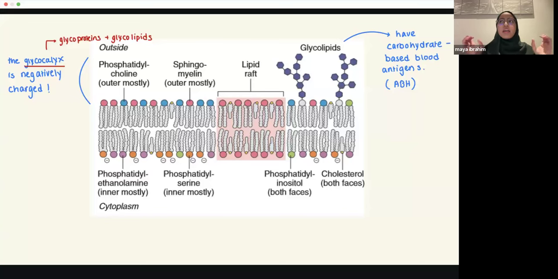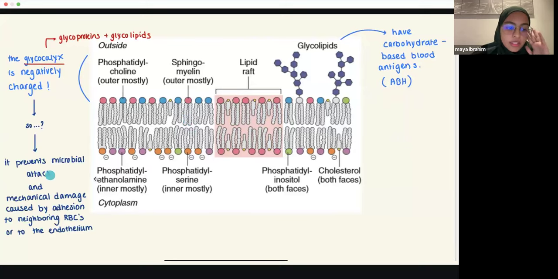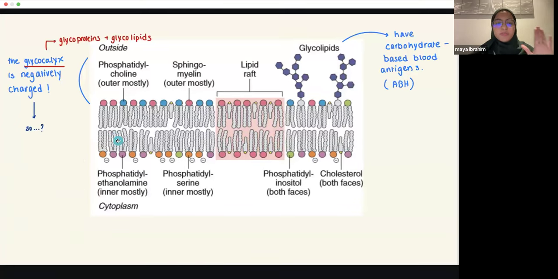This is important because if they attracted each other, they would rub against each other and cause mechanical damage. This also applies for the endothelium. Because they're negatively charged, they don't get mechanical damage from the endothelium. It also protects them against microbial attack. And that's it for this part of the membrane.